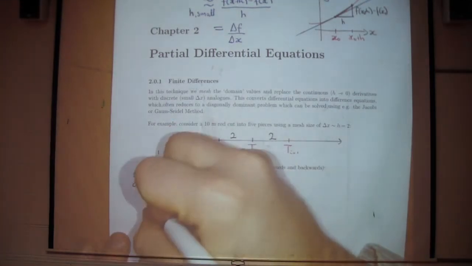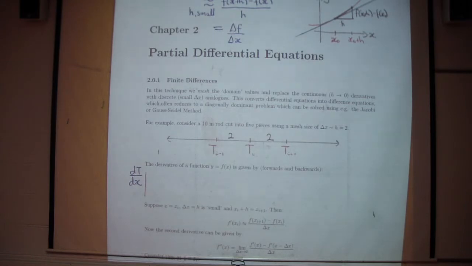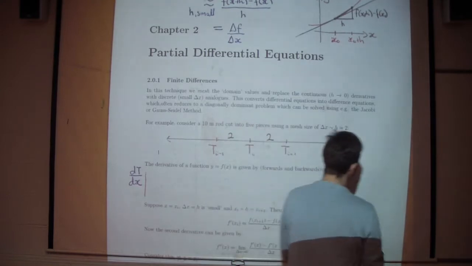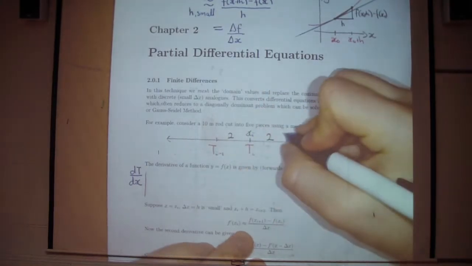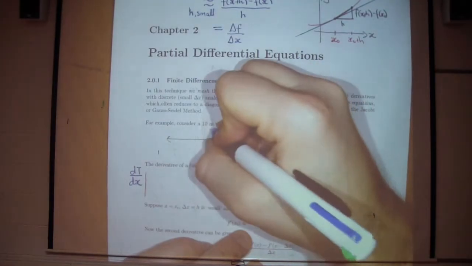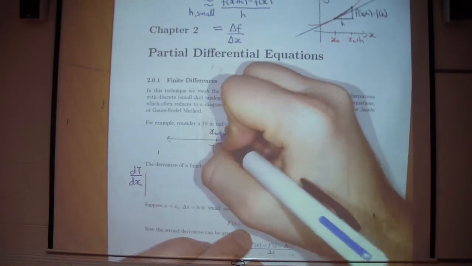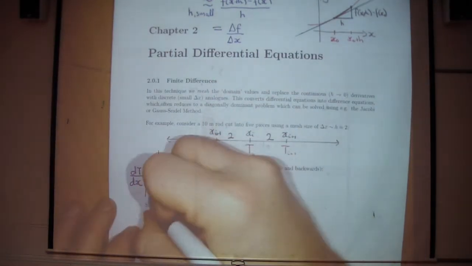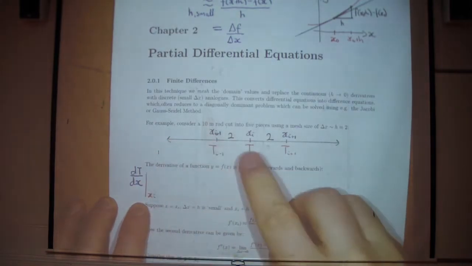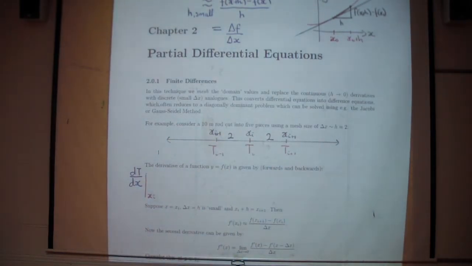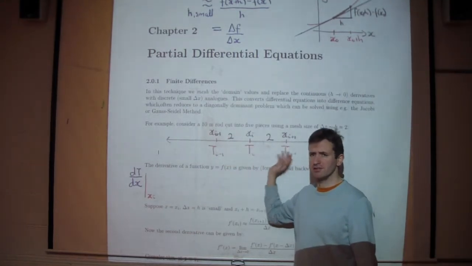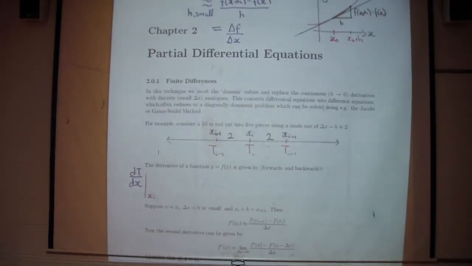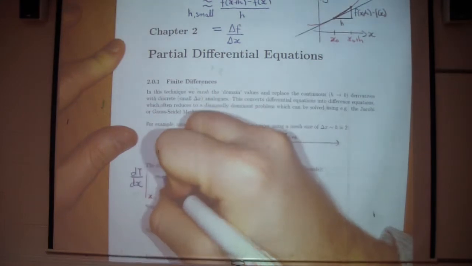I've written the temperatures as temperature i plus 1, temperature i minus 1, and these correspond to x coordinates, say x i plus 1, x i minus 1. So this is the derivative at x i, at the midpoint. What we're going to be doing is approximating a differential equation at various different points.